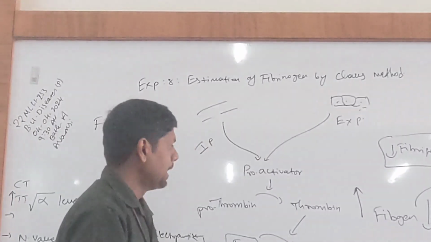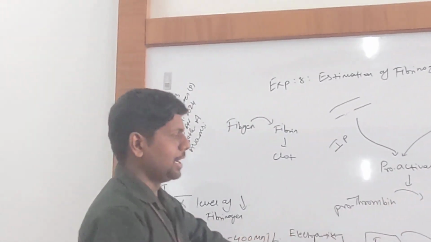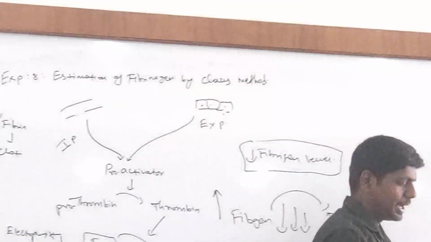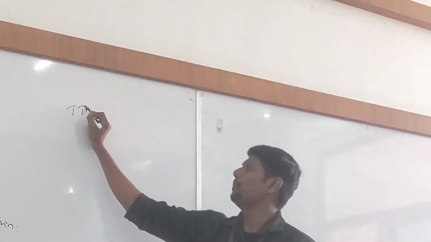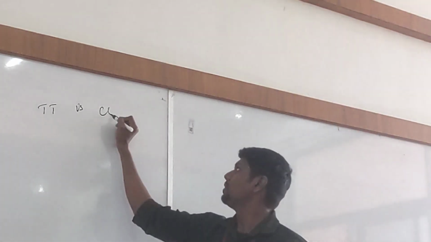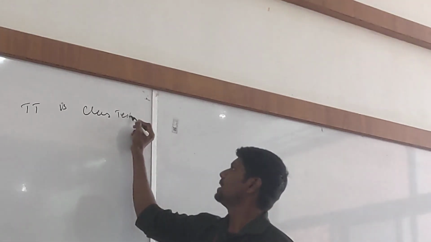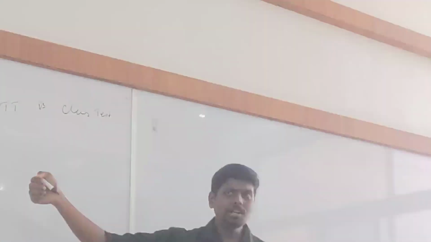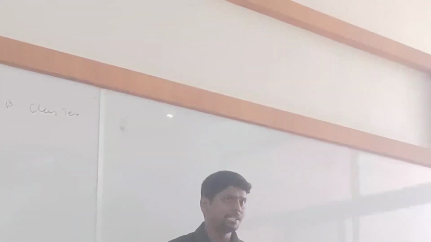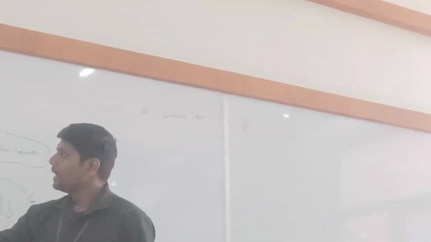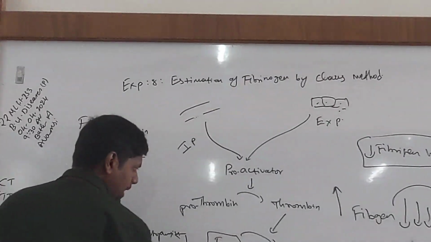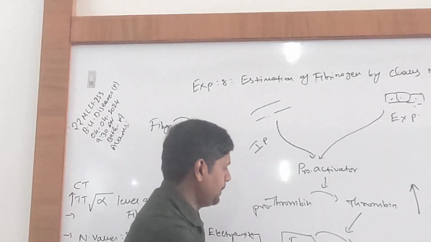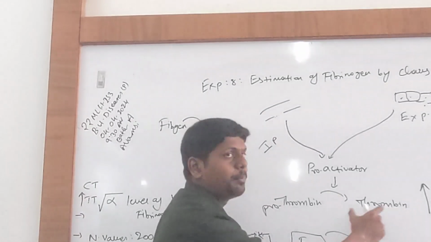Clear? Yeah. So this test, then yesterday Muska was really concerned about the difference between thrombin time versus the Clauss test. This is the Clauss test. What the Clauss test states is, listen here, we know that fibrinogen will be converted to fibrin by thrombin.